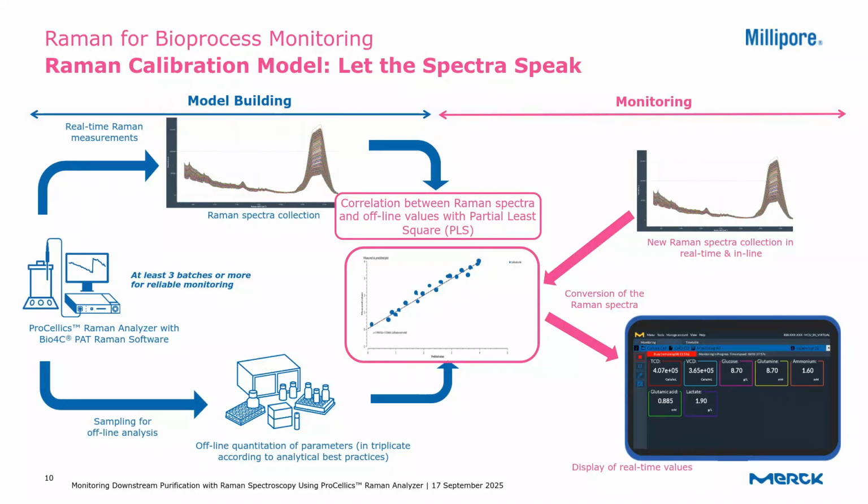That correlation is compiled in a partial least squares model to create an additional calibration batch. Then once you have your chemometric model implemented, the model is going to take new Raman shift collected in real time in your process and convert it to display real-time values for all the components that you're interested in measuring.